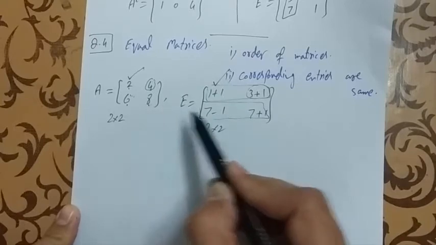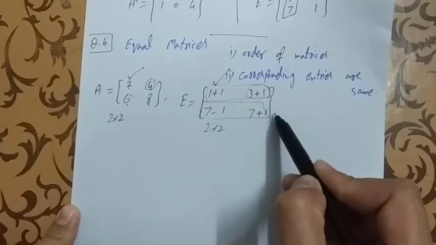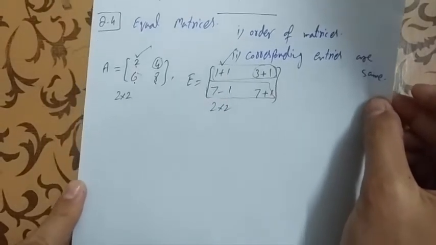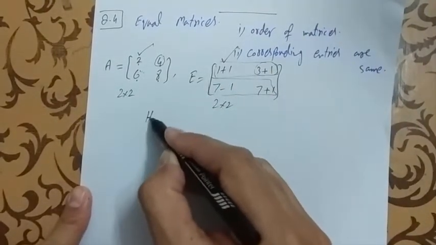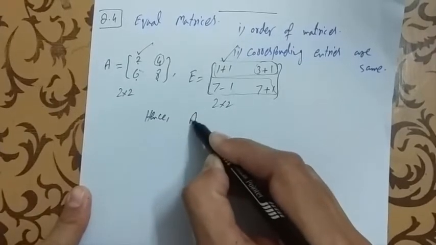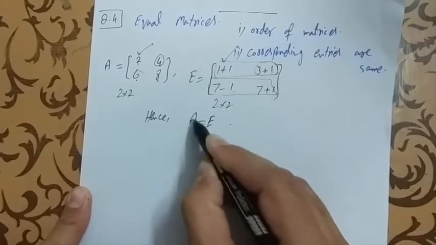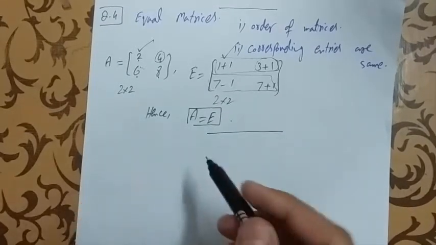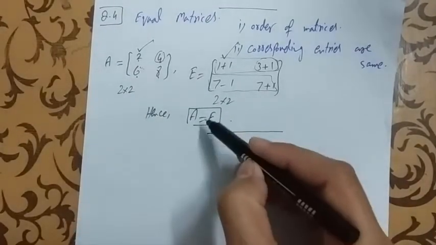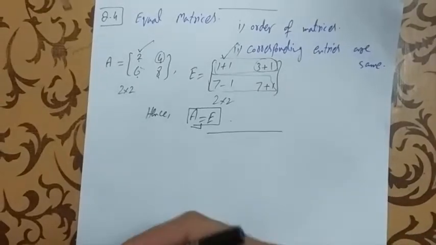This entry is 8 and this is also 7 plus 1, equal to 8. So these two conditions hold, hence we can say A is equal to E. This is an equal matrix. How can we represent an equal matrix? By using the sign of equality.